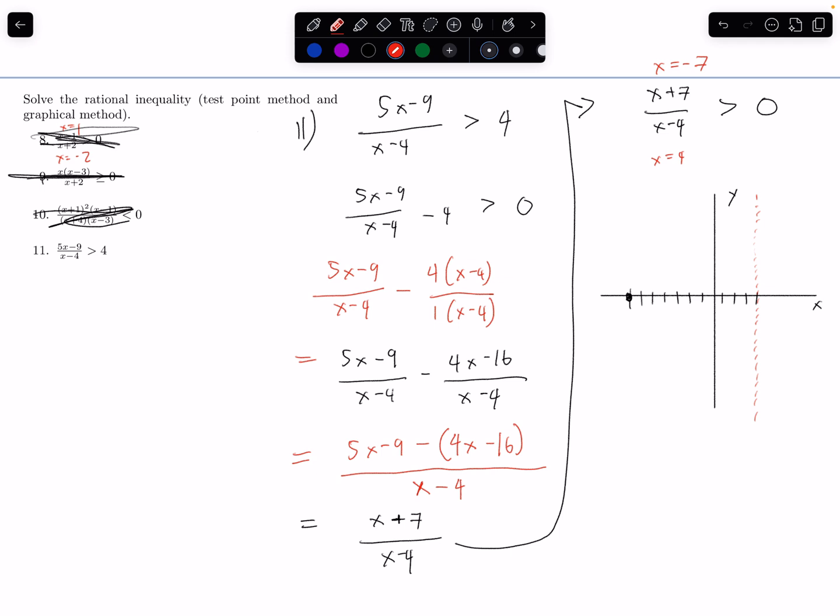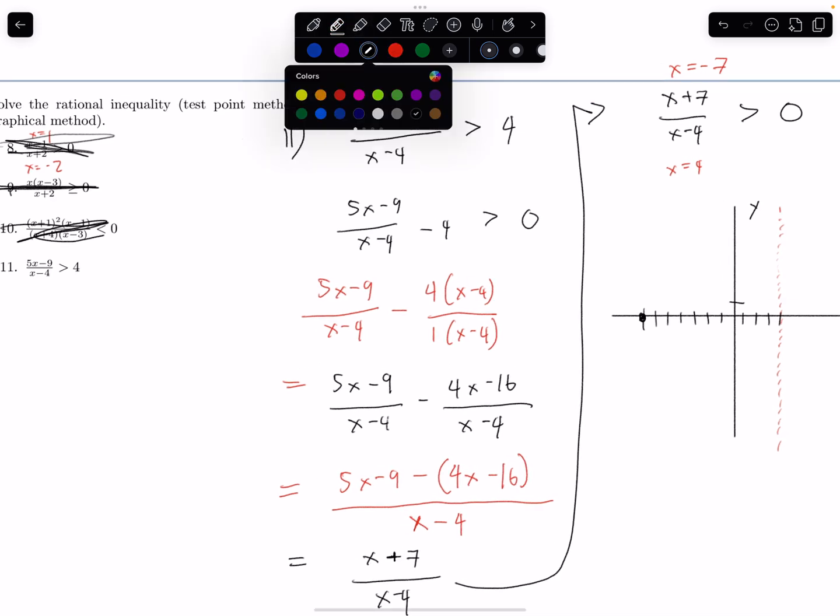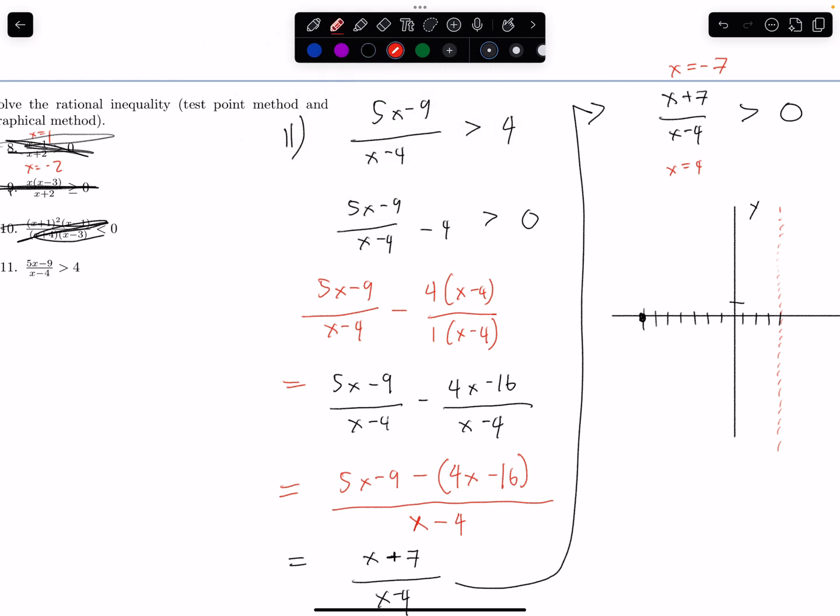I have a horizontal asymptote at the result of dividing the leading coefficients, which is just 1. So horizontal asymptote here at y equal to 1. Something like this. I know I'm on the bottom over there, which means I'm going to push toward the asymptote to the left, right? So it should be something like this.